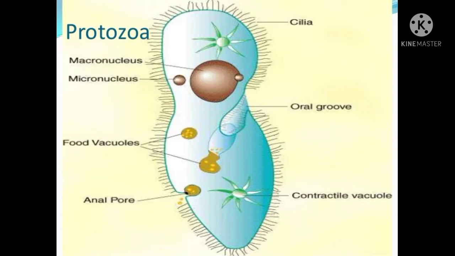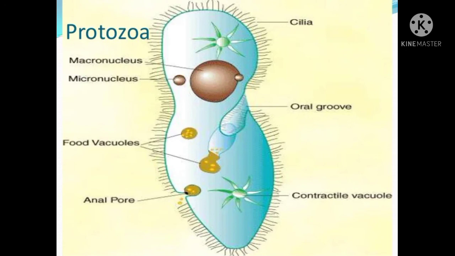So this is the structure of the protozoa. As you can see, the black hair-like structure is the cilia which surrounds the protozoa. Then the macronucleus is there, which contains the genetic information of this microbe. And the micronucleus is also there, a small nucleus: one is the big nucleus and the other is the small nucleus.